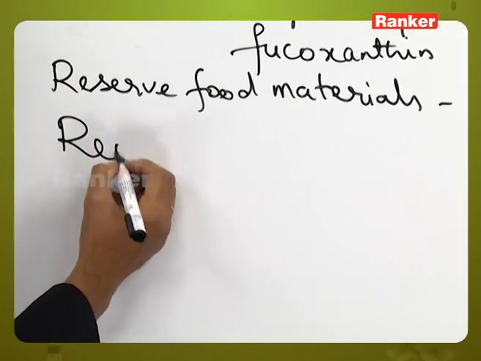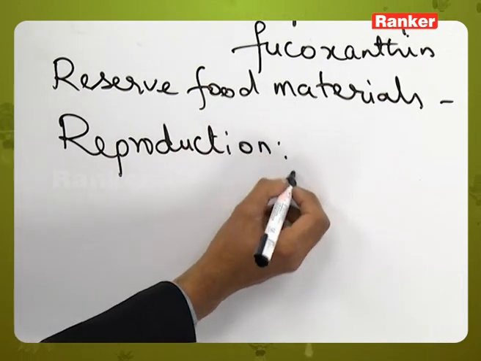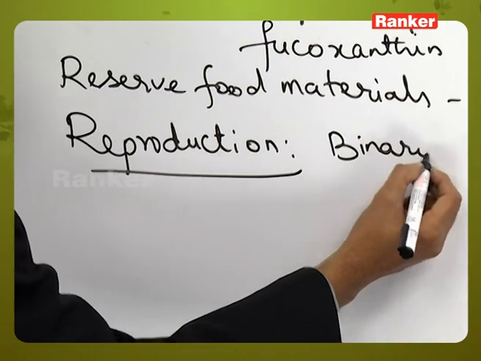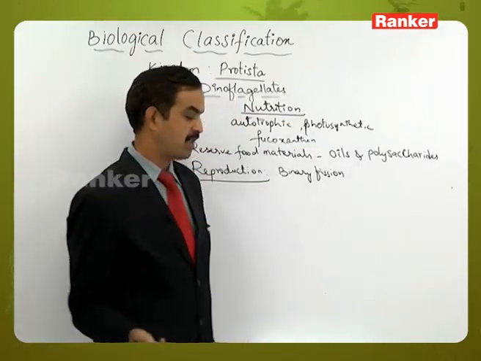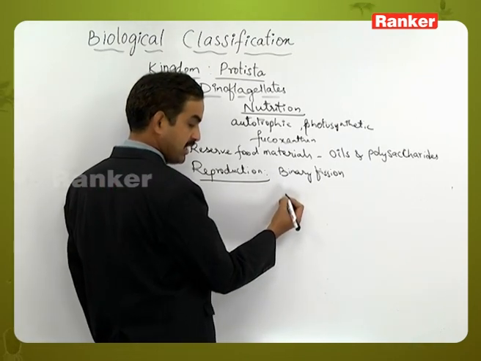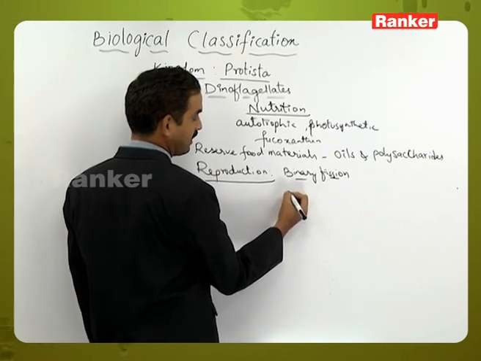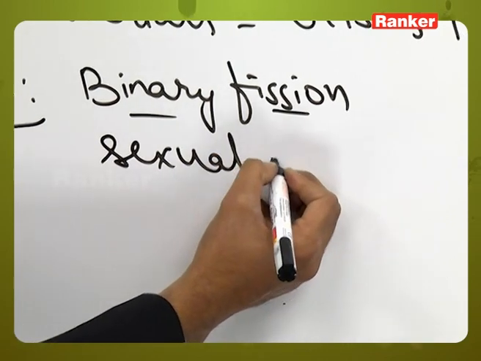The next one is the reproductive process. They reproduce by binary fission, which is the asexual method of reproduction. Usually they perform only binary fission, and sexual reproduction is, in most cases, absent.